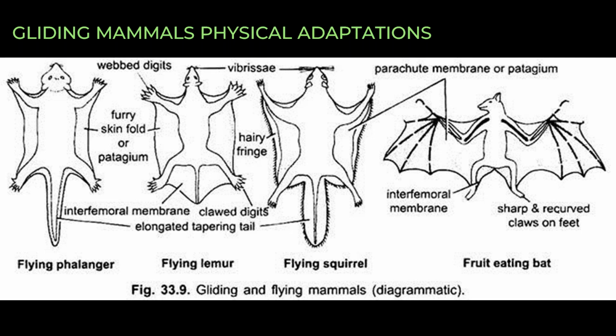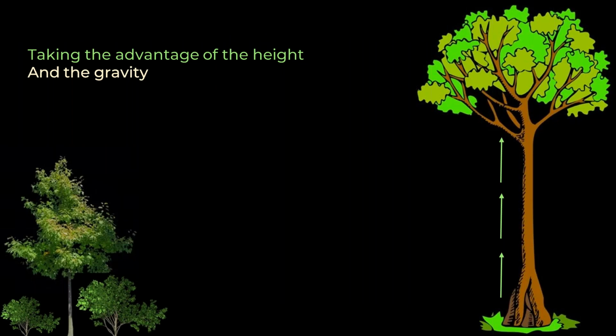So it is characterized by leaping or jumping from a high point and being held up by some sustaining organ to glide to a lower level. So there is no locomotive force other than gravity. I'm telling this again because you would figure out why it is so important for them. That's why gliding mammals need to climb. These arboreal animals mostly live in the trees, but sometimes they need to come down.